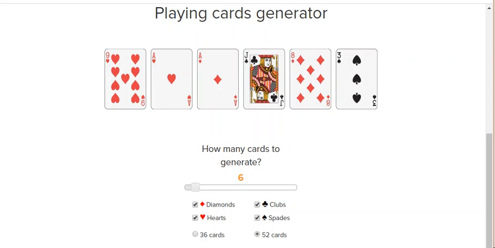Think about it this way. If you rearrange these cards just so that they're easier to read, it doesn't change which cards are in your hand. You still have the same 6 cards. So changing the order of the cards in your hand does not change the hand you've been dealt.